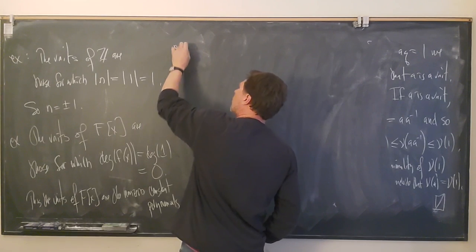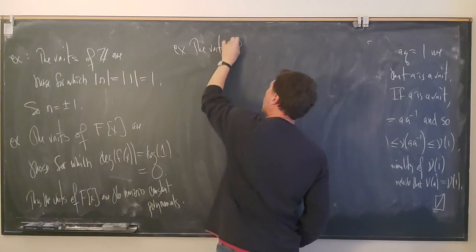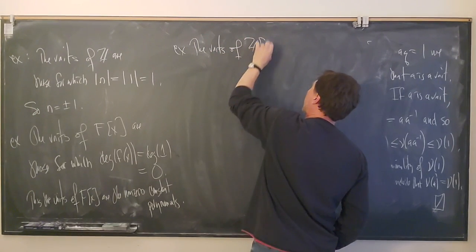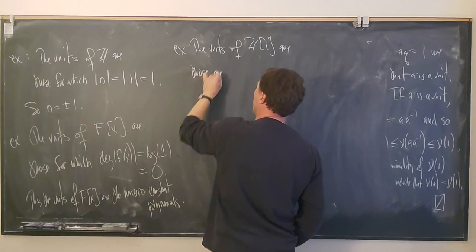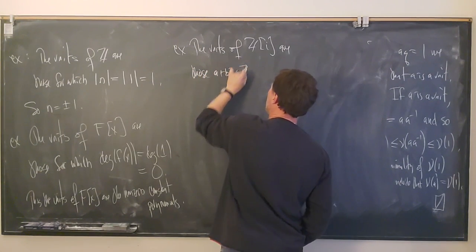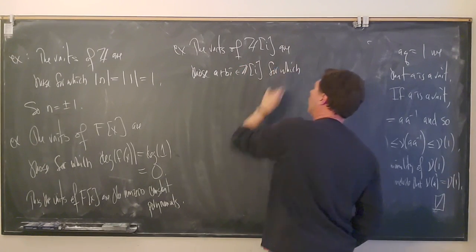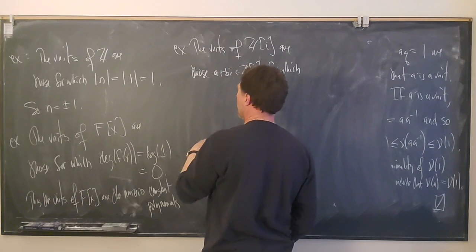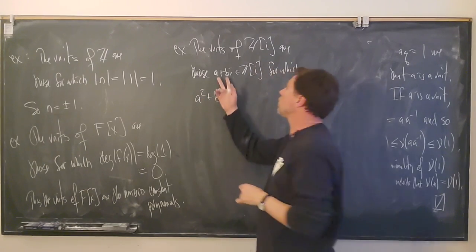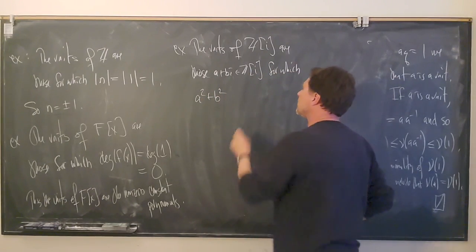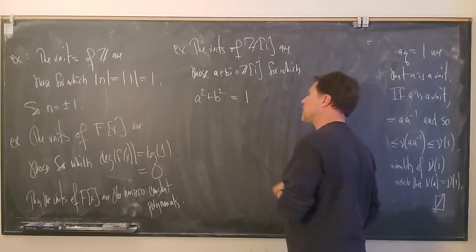Let's see, the units of Z[i] are those a plus bi in Z[i] for which a squared plus b squared, that's the norm of a plus bi, is equal to the norm of 1, which is 1 squared plus 0 squared, which equals 1.